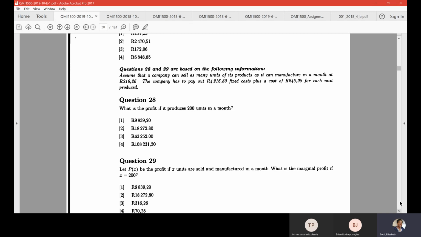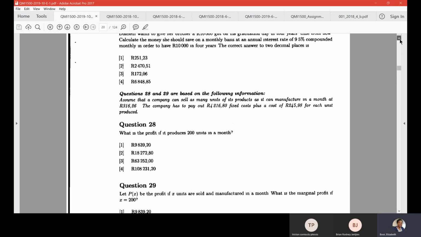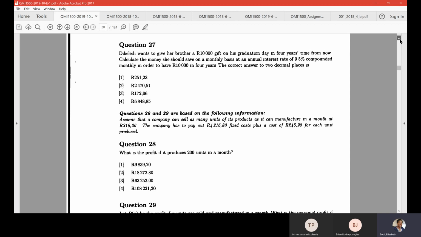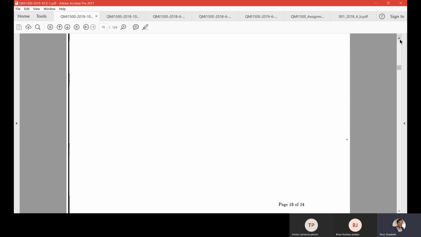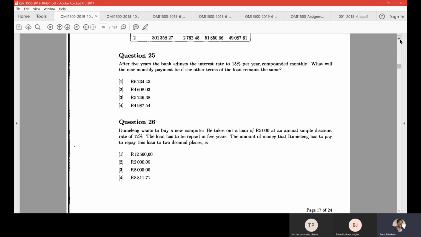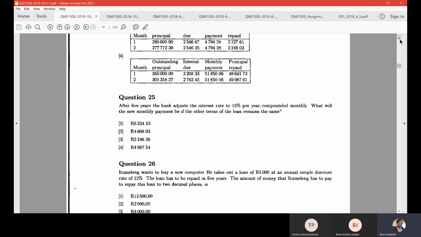To identify, usually the time value of money, you will see that this is a time value of money question because they will talk about obligations and they might talk about debt. So if a question comes up with obligations or debt, then you know that that is a question for time value of money. Okay, so this is payments.